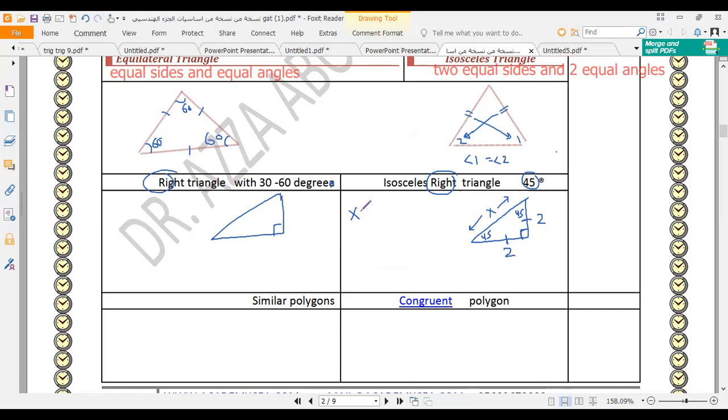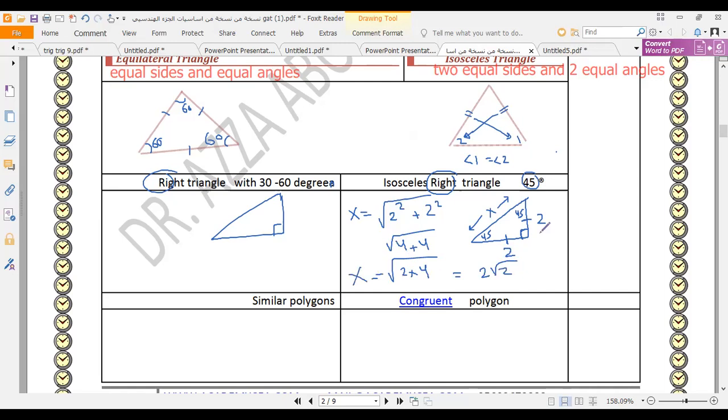So x is the square root of 2 squared plus 2 squared, which is 4 plus 4. You can write it as 2 times 4 under the root, and if you solve, you get 2 radical 2. This is your answer.